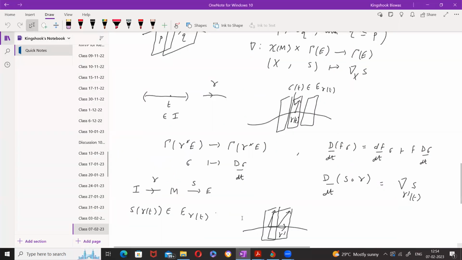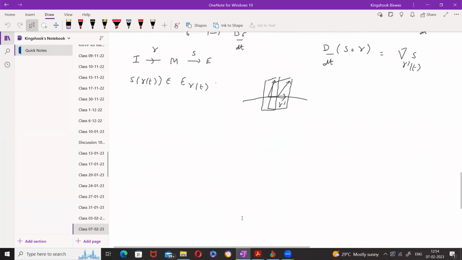See, you can see that quite simply if your curve gamma is not one-to-one, right? Suppose gamma has a double point like this. Okay. So if I take these two points, say t1 and t2, which map to the same point P, so that gamma of t1 is equal to gamma of t2, right?